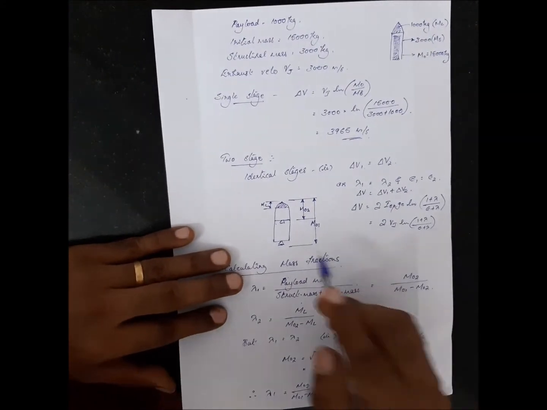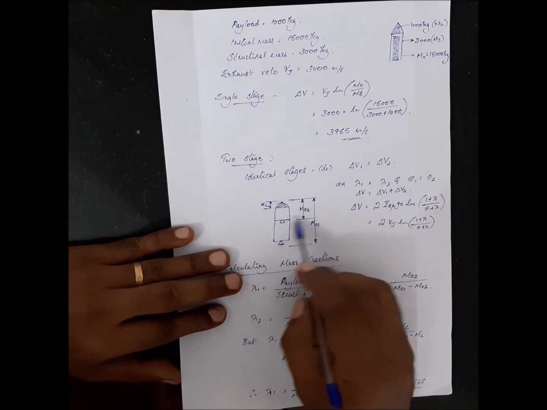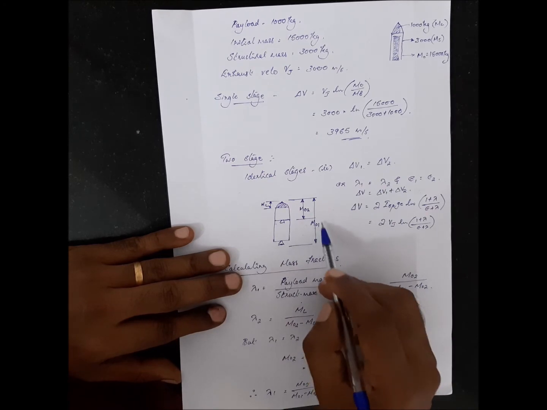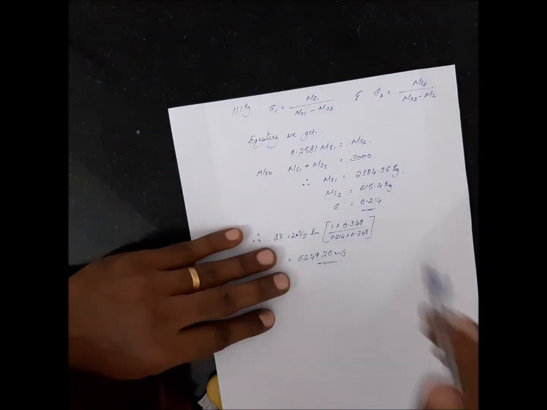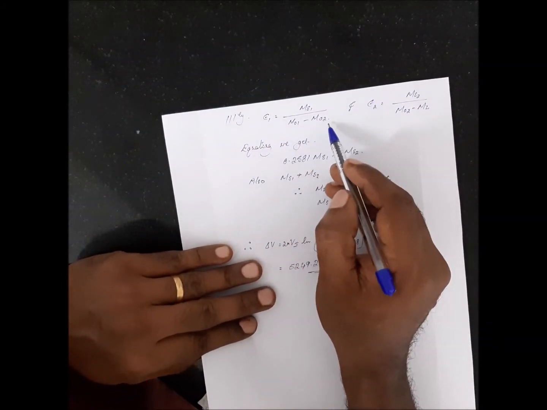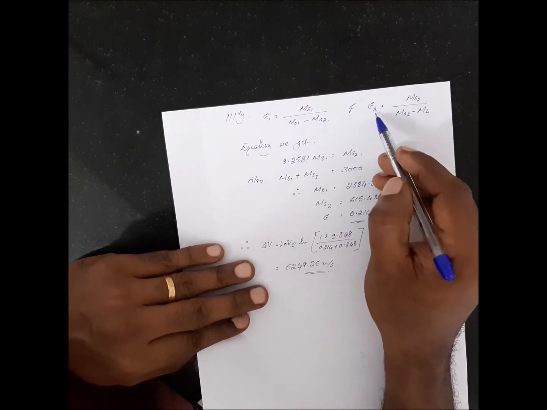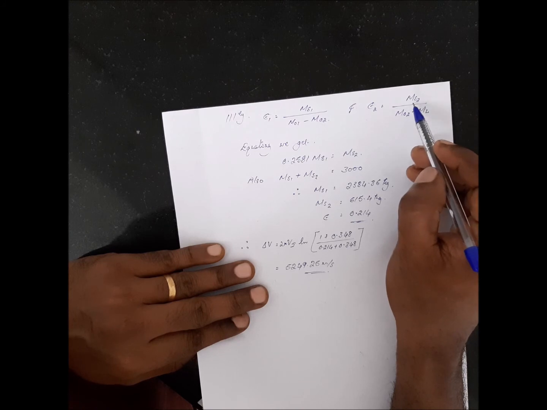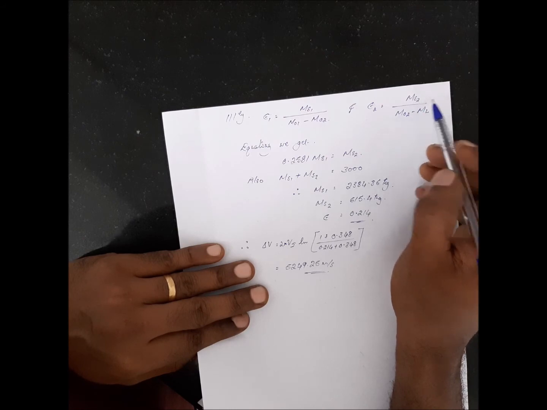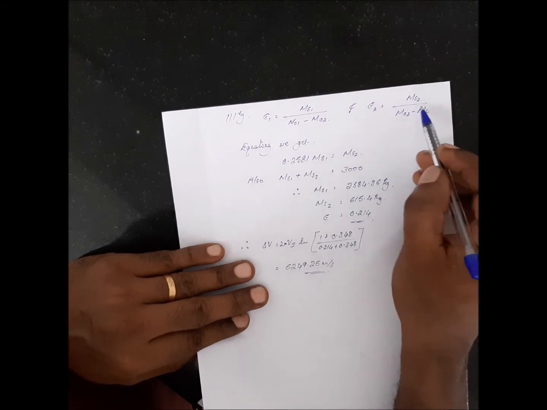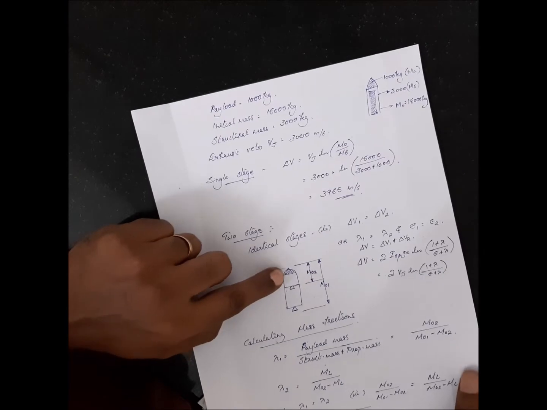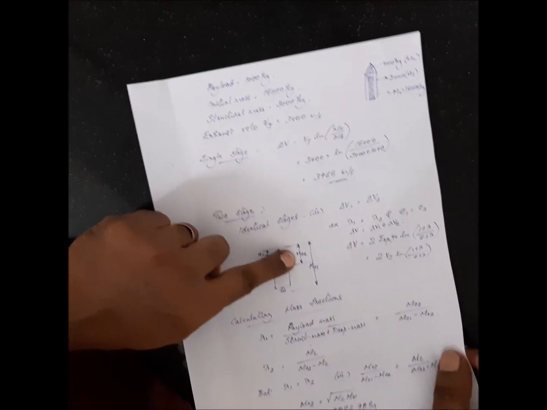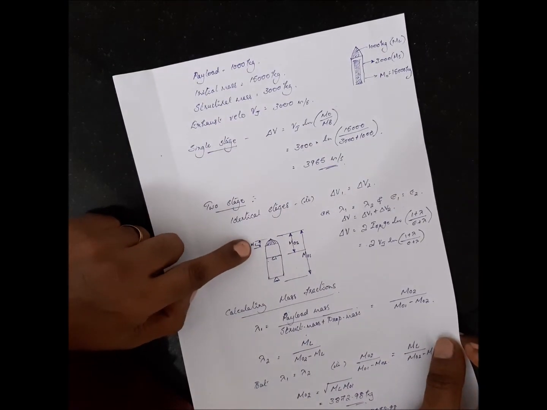See, your first stage, your payload is M02, your total mass is M01, so M01 minus M02. And your second stage, the payload is ML. We are supposing that the structural mass is Ms2. So Ms2 divided by second stage, your total mass is M02 and your payload is ML.